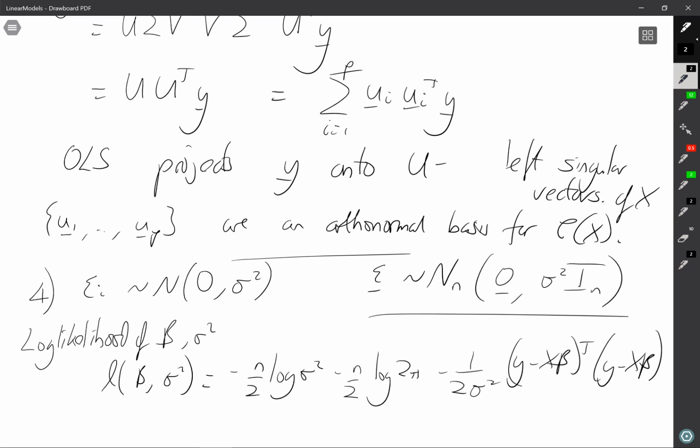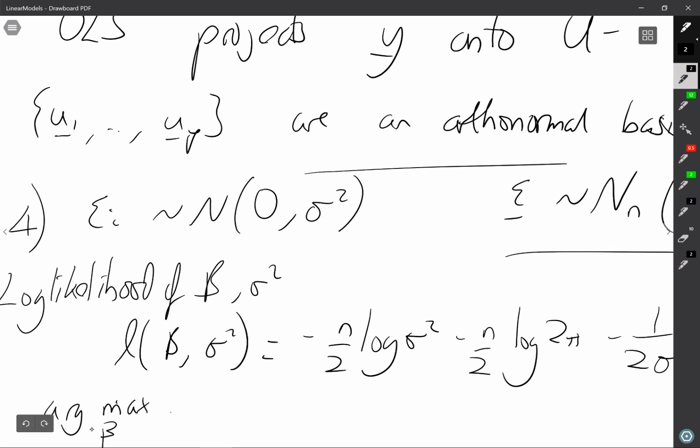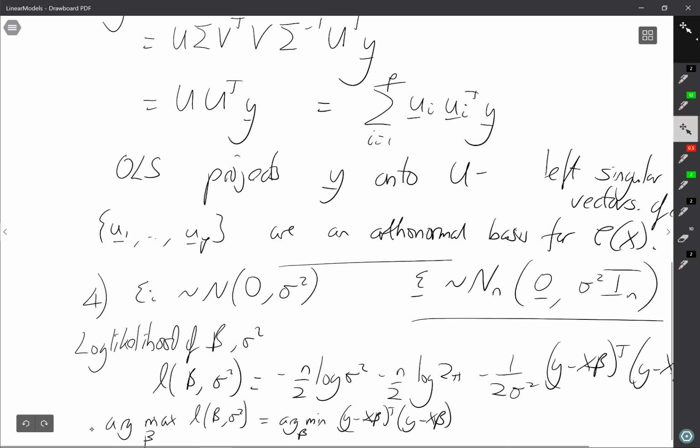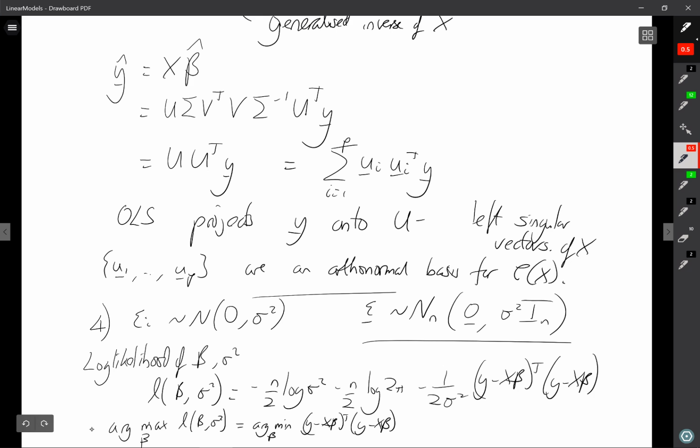So, what can we see? First of all, if we do maximum likelihood, so let's maximize the log likelihood with respect to beta, that's equivalent to minimizing with respect to beta y minus X beta transposed y minus X beta. I think that's easy to see.